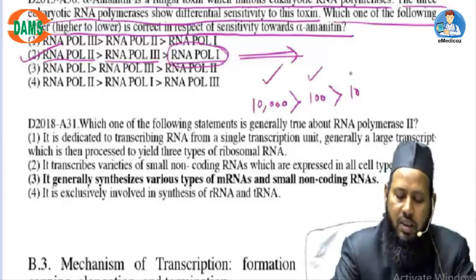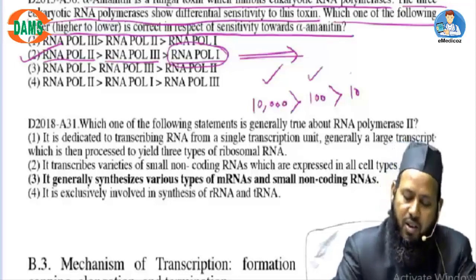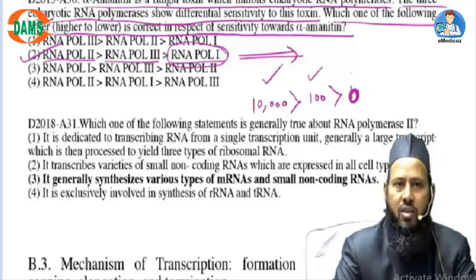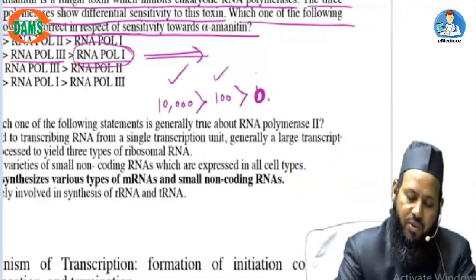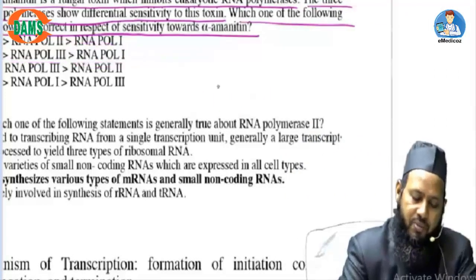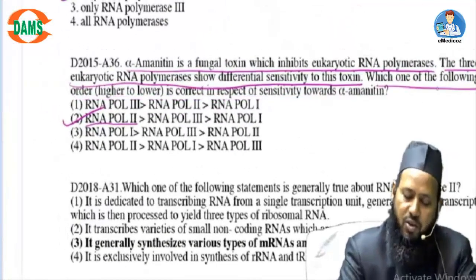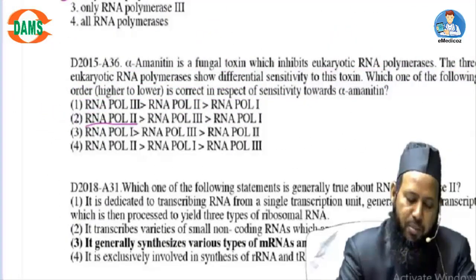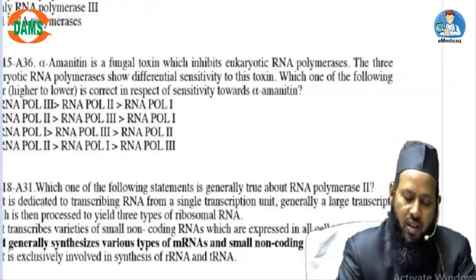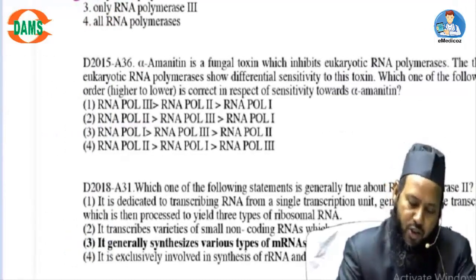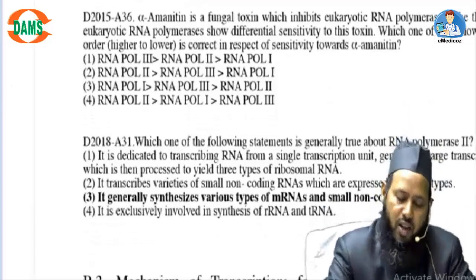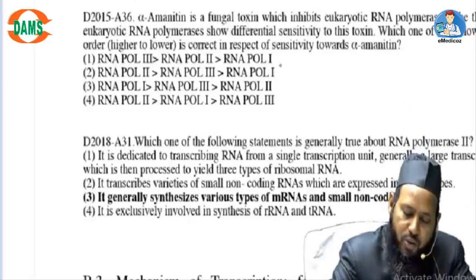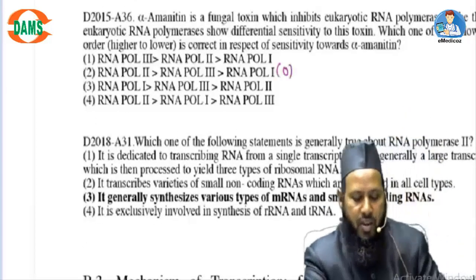But it can be 0 also, imagine it is 0, no sensitivity. Sometimes that order can bring to our mind that all the 3 RNA polymerases are sensitive, but that is not correct. It should be 0 or insensitive.